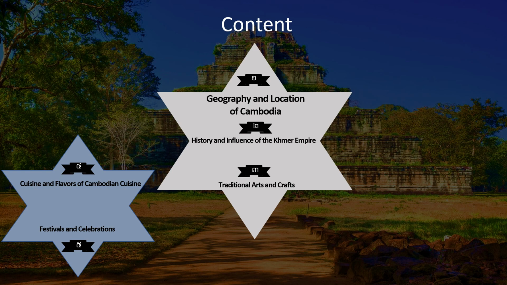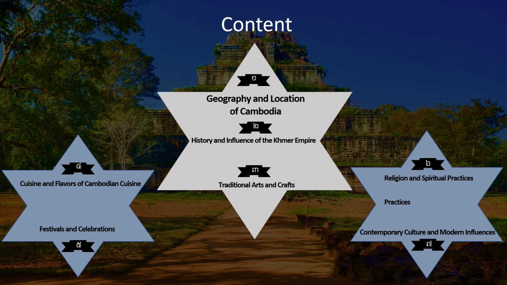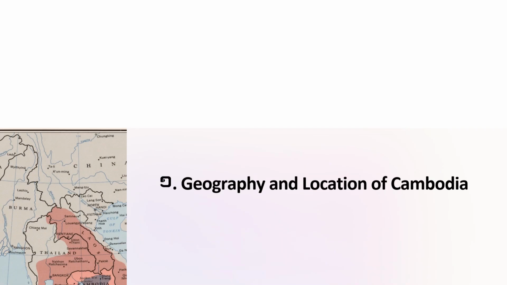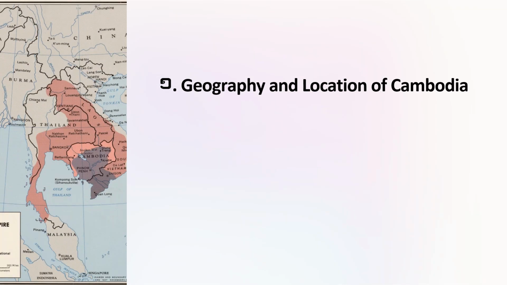Number five is festivals and celebrations. Number six is religion and protection. And number seven is contemporary culture and museum influence. Let's move on to topic one.